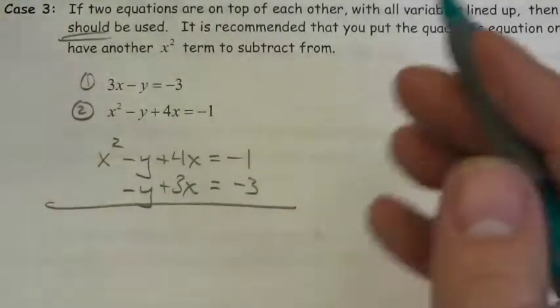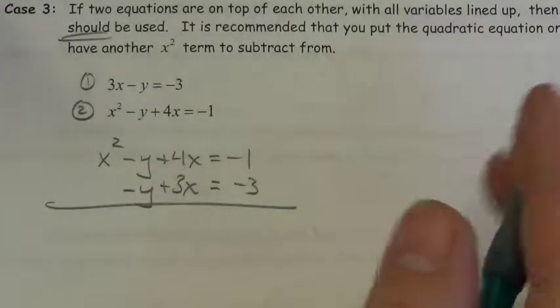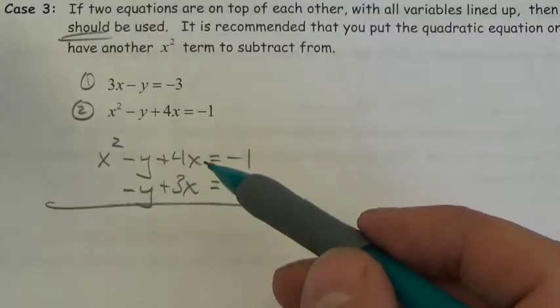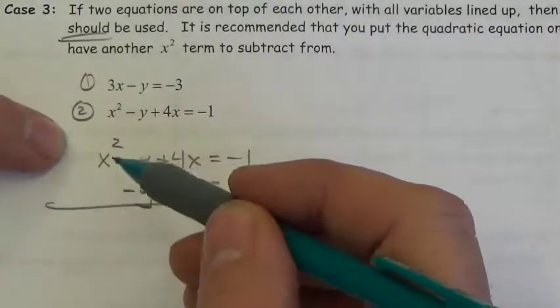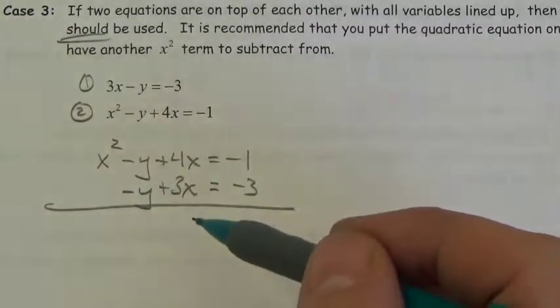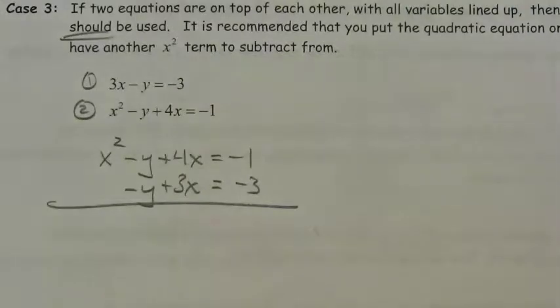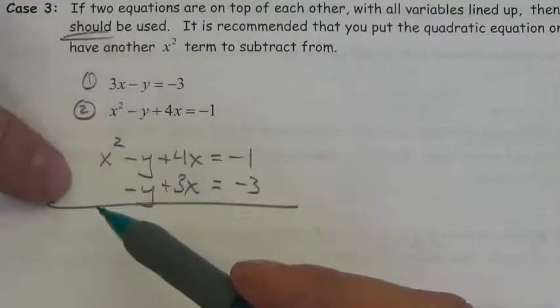Now, I am going to eliminate the y. The reason I'm not going to eliminate the x is because in the vast majority of problems like this, I'm going to have an x squared, and there won't be any x squared to cancel out with that. So I will never be able to just eliminate the x's in these problems, because there's always going to be an x squared term that doesn't have a pair.